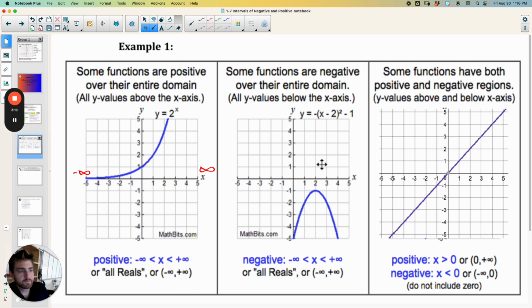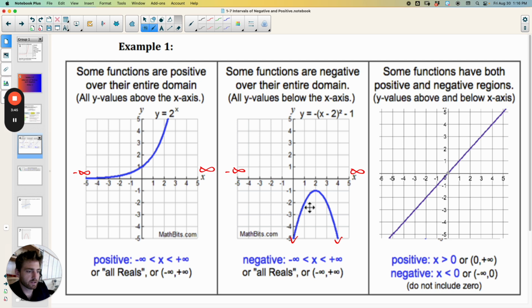Some functions are negative over their entire domain, meaning all y values are below the x-axis. This is a quadratic function, and it is facing down like this. As you move from left to right, from negative infinity to positive infinity, what's happening? All of the values of y are negative.